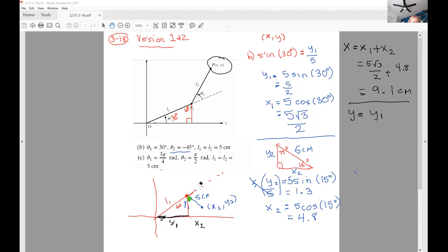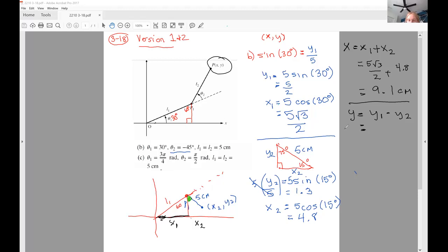So we can see that Y is going in the negative direction, which should make sense. It's going in the negative direction, so I'm going to have to subtract my Y2 value from Y1 because Y1 went up, but Y2 goes down, so I have to take the difference.